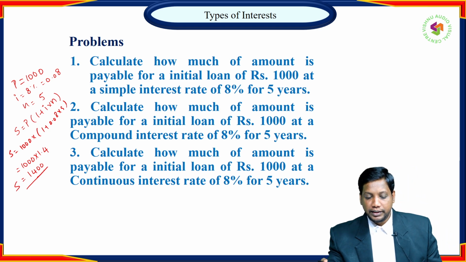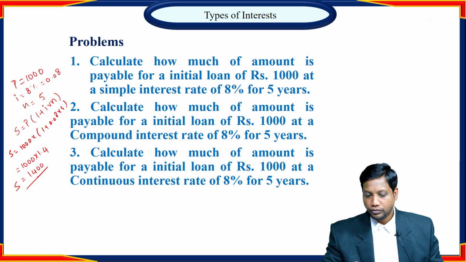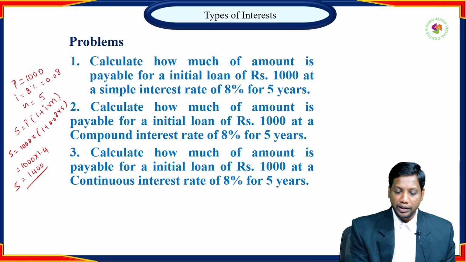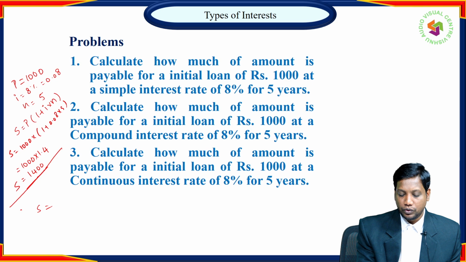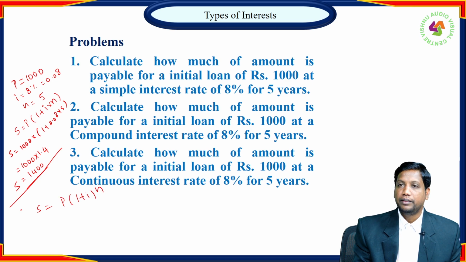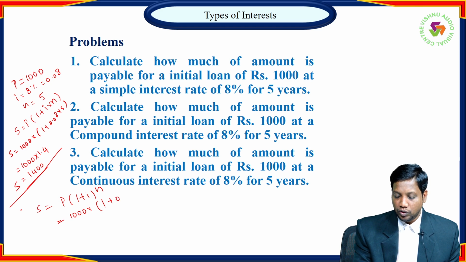For the same case, if we calculate for compound interest, S equals P into (1 plus I) whole power N. The principal amount is the same, 1000, and 1 plus I is 1.08, whole power N, that is 5.